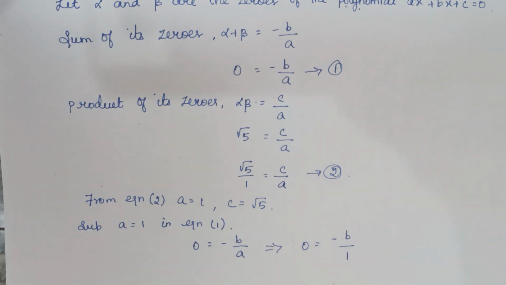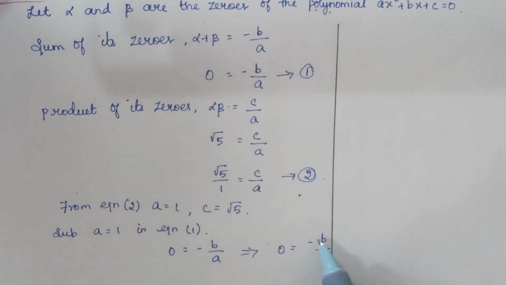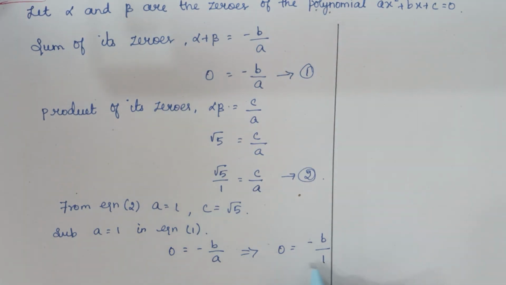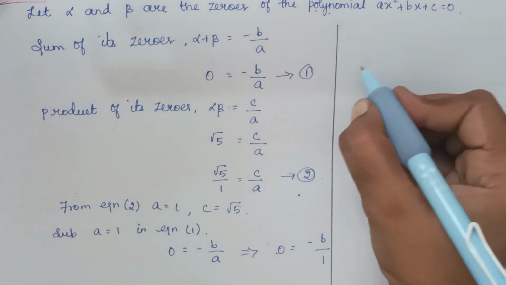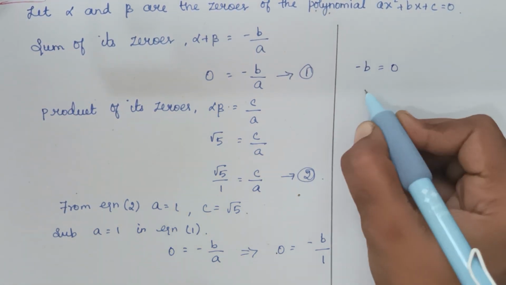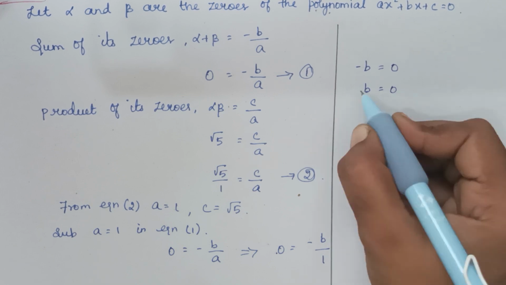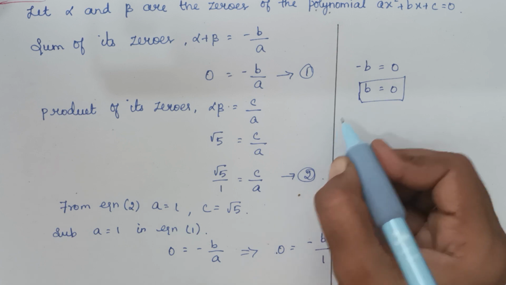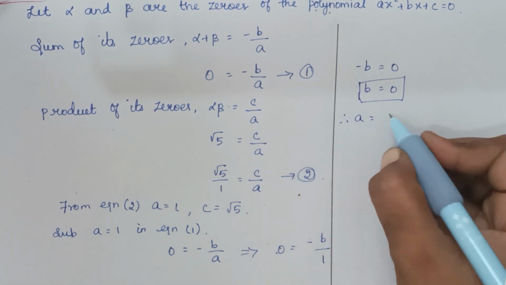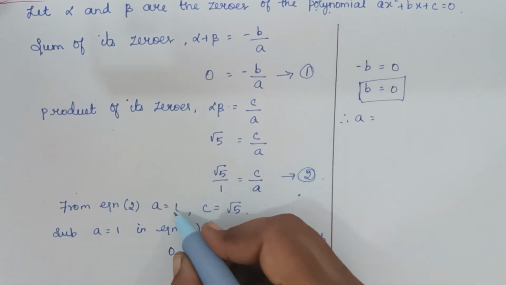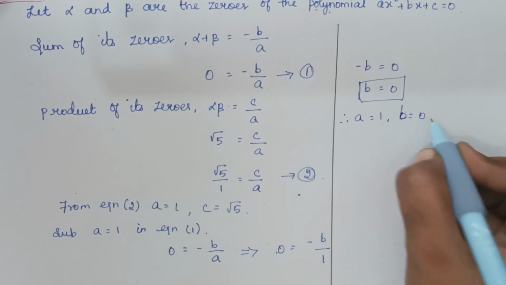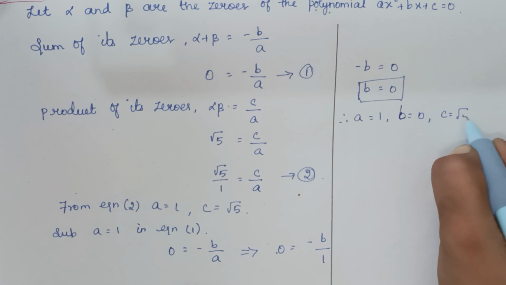So 0 is equal to minus b by 1. The division goes to the other side as multiplication, so 1 into 0 is equal to 0. So minus b is equal to 0, so b is also 0. So from equation 1 and 2, we found a is equal to 1, b is equal to 0, c is equal to root 5.